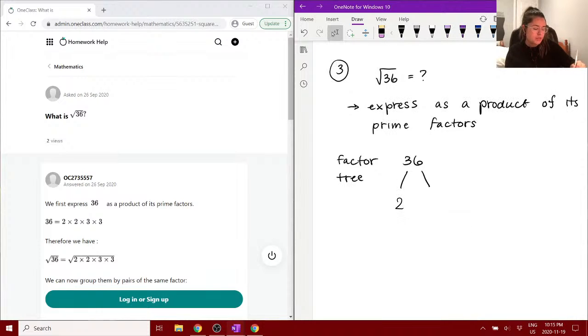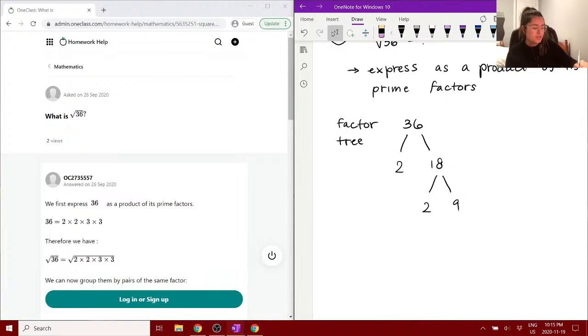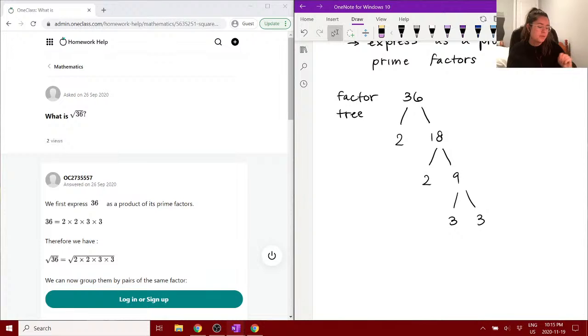So thinking about dividing this by 2, what's 36 divided by 2? Well, that's 18. And then we can continue to divide this by 2. So 18 divided by 2 is 2 and 9. And then 9 can only be divided by 3. And then 9 divided by 3 is 3.